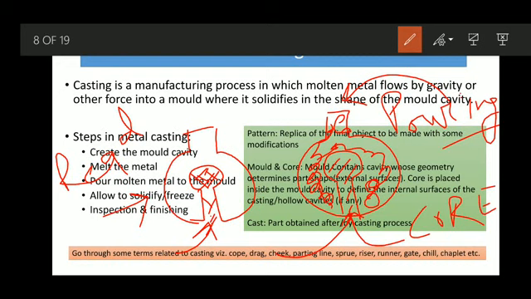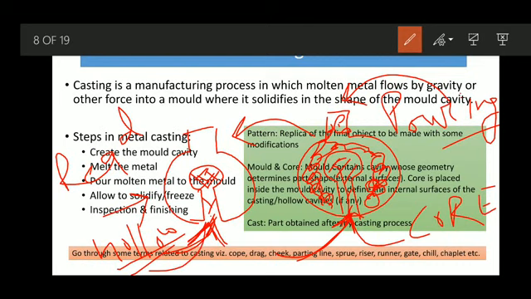Once I pour the molten metal, it will not allow this particular portion to fill up, and only this portion will get filled up. Finally, once it is solidified, if I break the mold and take out the product, it will look like this with this hollow region, because the core did not allow this particular region to get filled up. I hope you have understood.